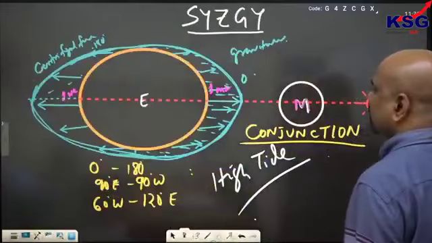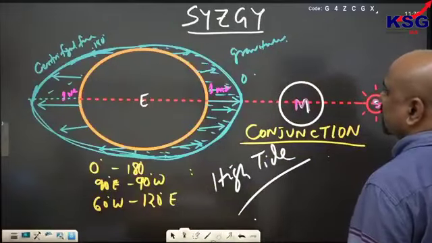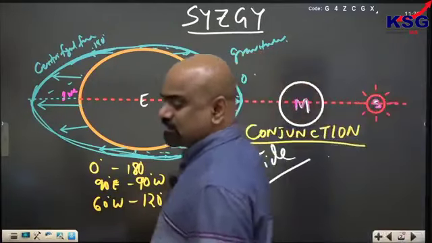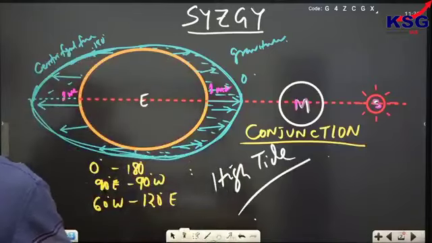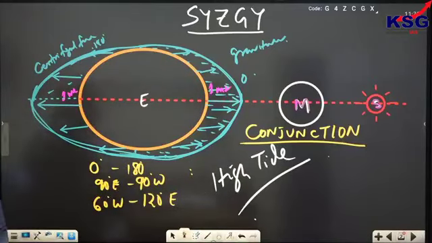Second case. First case, this is conjunction. The position in one line is known as conjunction. This position gives spring tide, you always have it during this time.